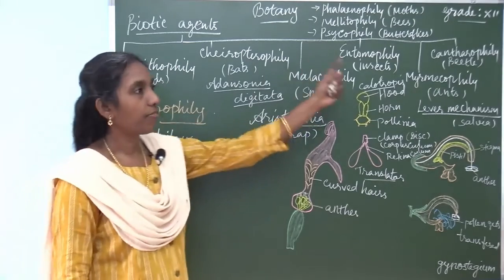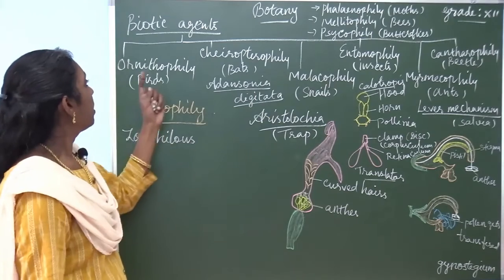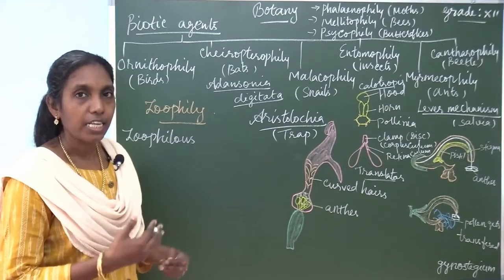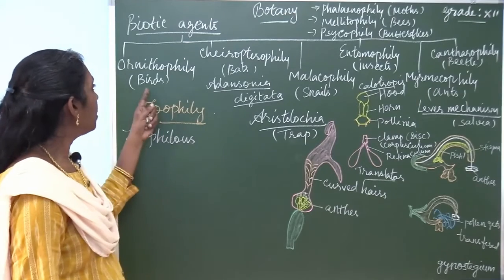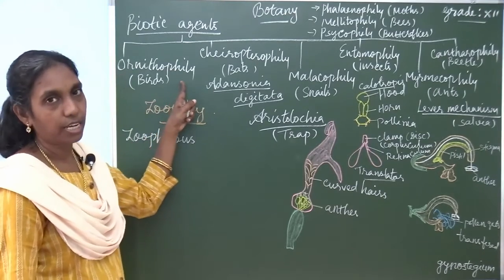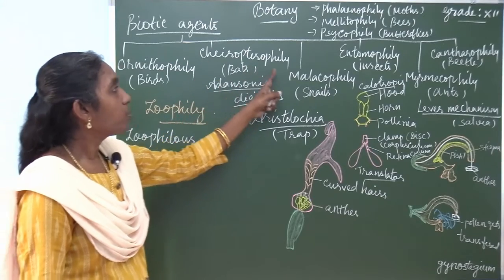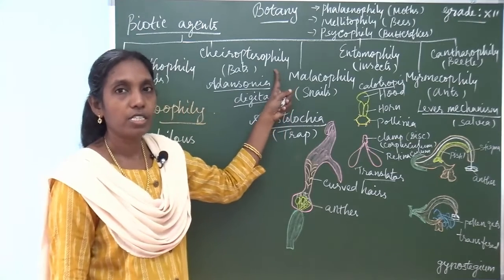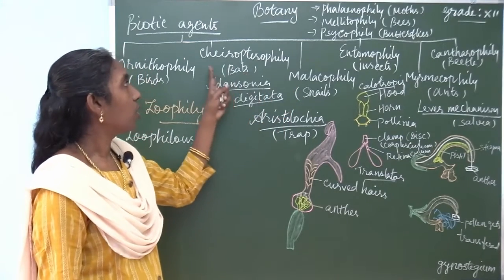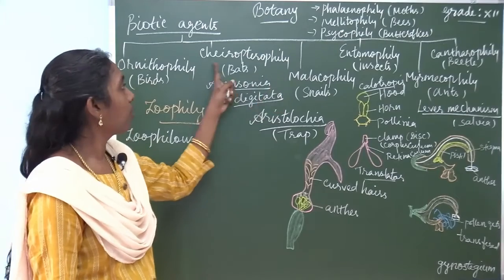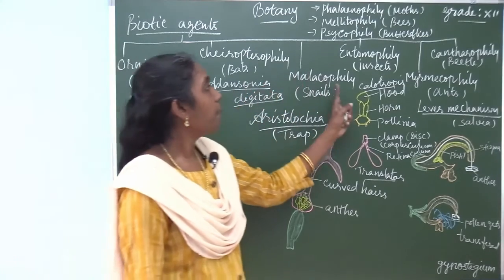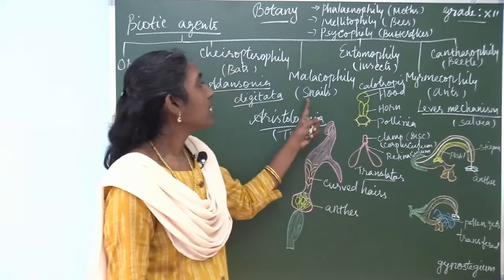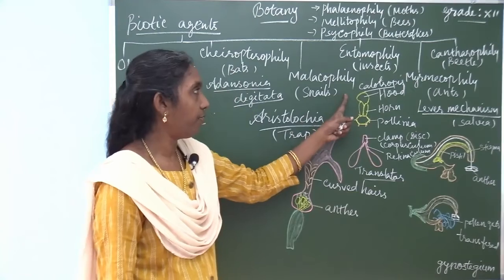Based on this, there are different classifications, namely ornithophily. When pollination takes place by the agencies of birds, it is termed ornithophily. Then chiropterophily: pollination by the agencies of bats. Then malacophily: pollination by snails.